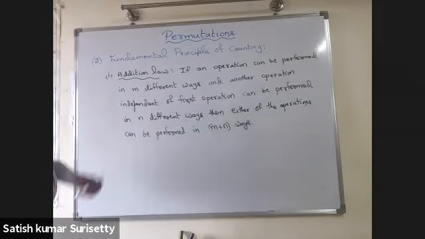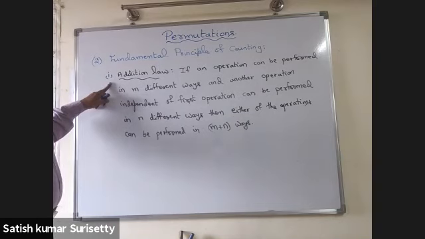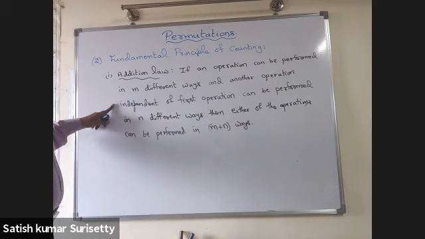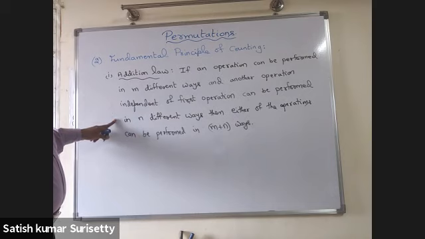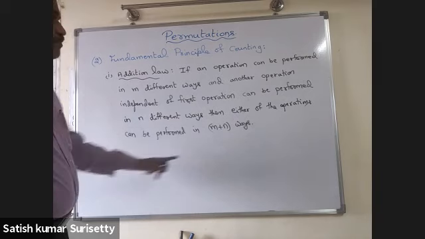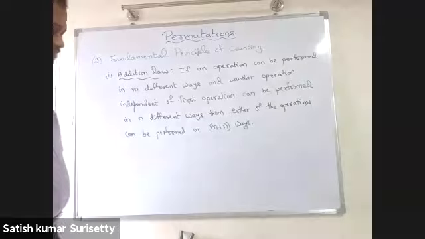See once again, addition law: if an operation can be performed in m different ways and another operation independent of first operation can be performed in n different ways, then either of the operation can be performed in m plus n ways.